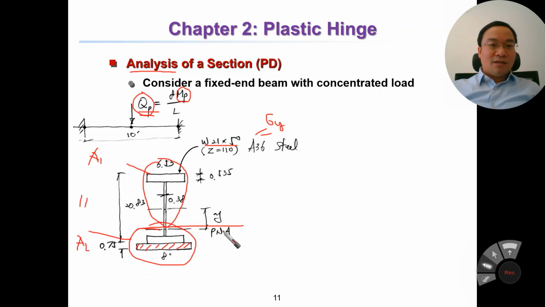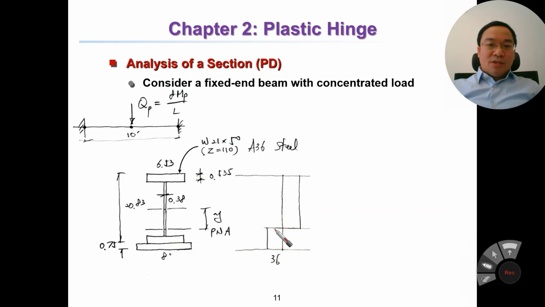Then we can determine the PNA, and let's say the distance between the PNA and the center line of the original section is y. To determine the PNA, we have to determine y. And how to determine it? I'll show you.